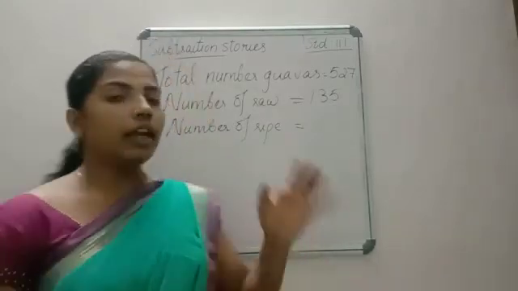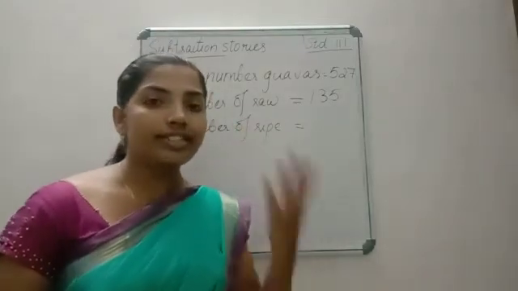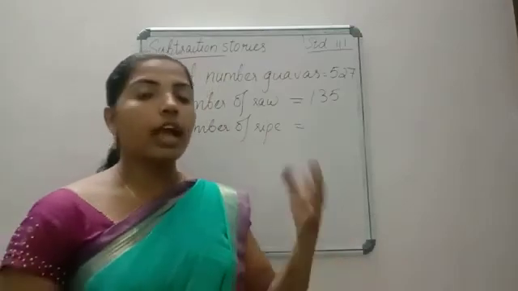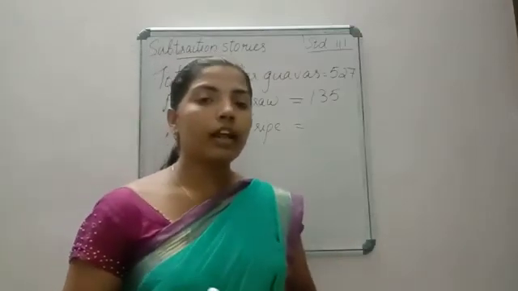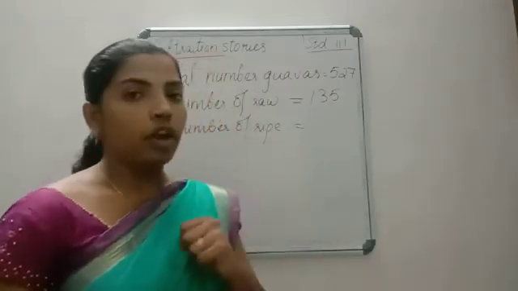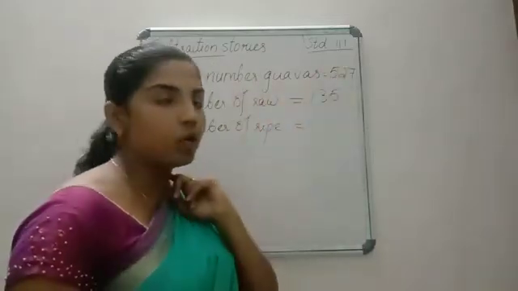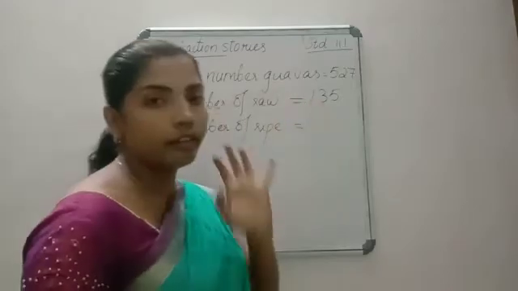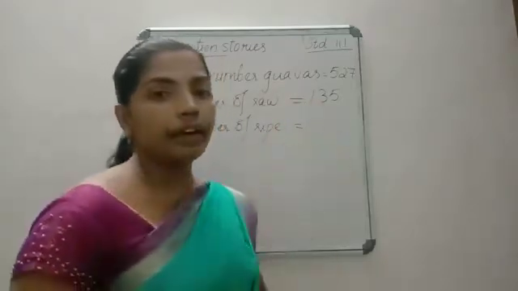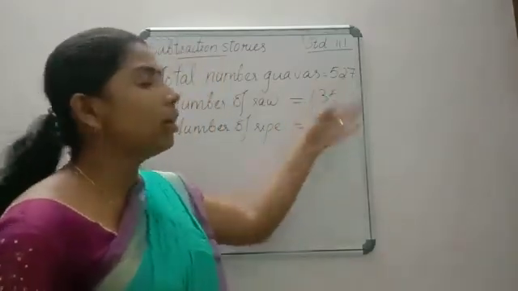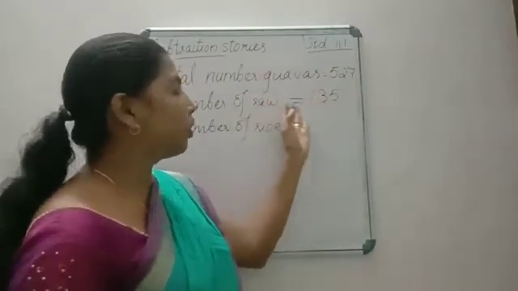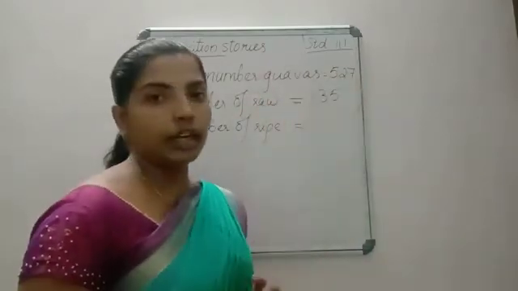If you are having 10 mangoes, among that 6 are bad mangoes, how many are remaining? 10 minus 6 is 4. In the same way here, a total of 527 guavas are there. Among that 135 are raw, and how many are ripe? For that we have to subtract the number of raw guavas from the total number of guavas.